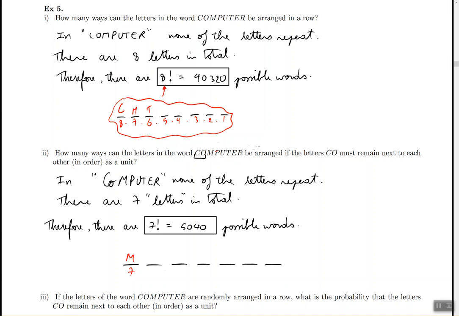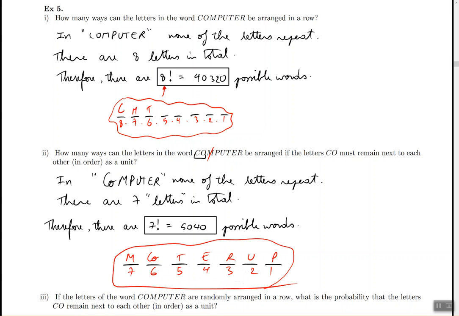There are 6 remaining letters because M is now gone. Let's say you pick CO. They must remain together, so you have to choose C and O in that order. You cannot choose them in any other order. The next one is going to be 5, then 4, 3, 2, and finally 1. With that in mind, you can come up with a word like this one. That's the reason why you are getting 7 factorial.